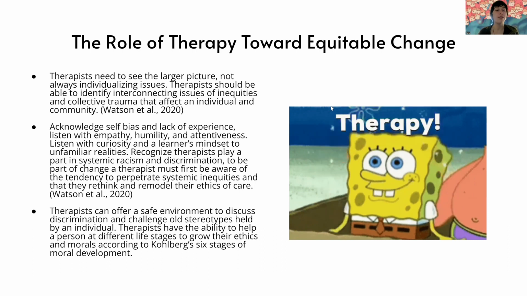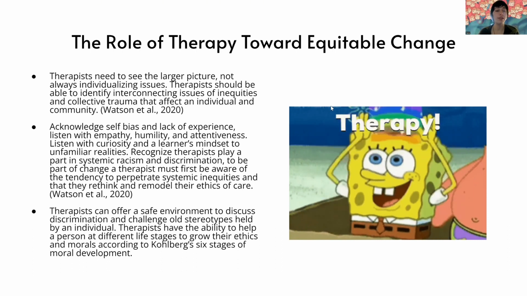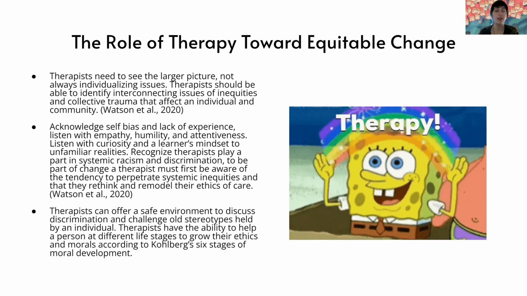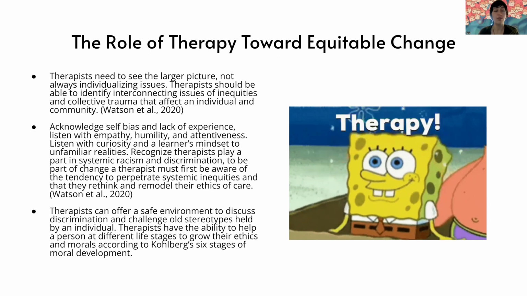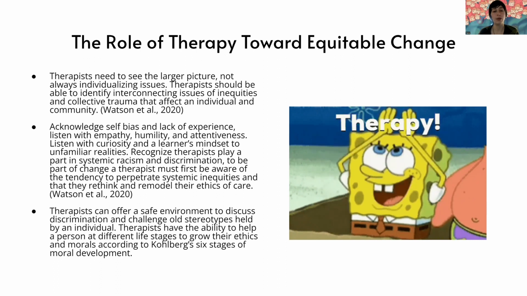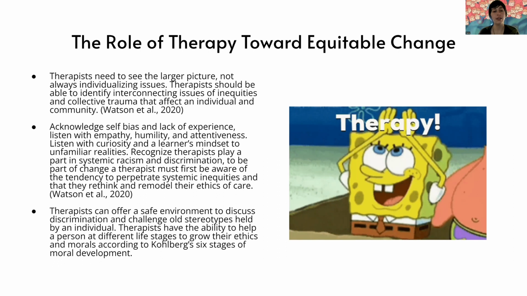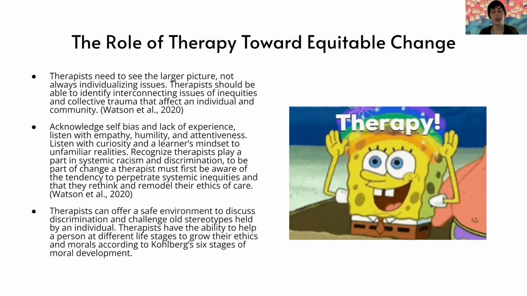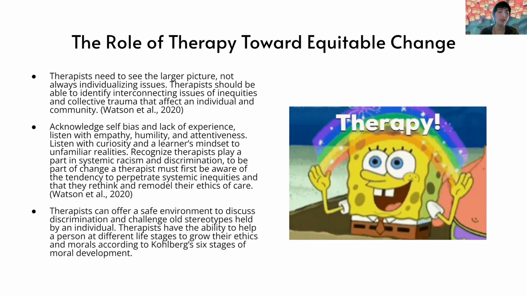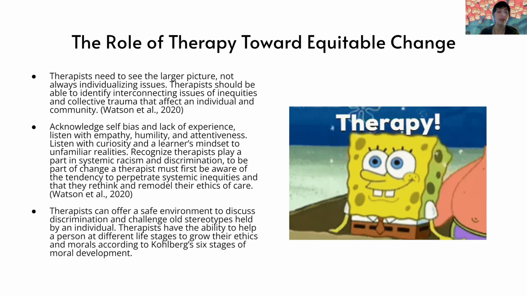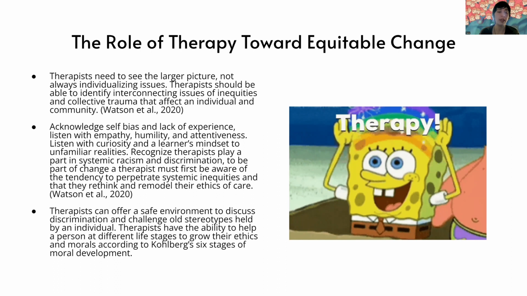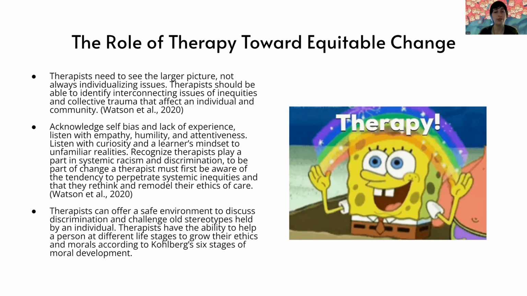Recognize that therapists play a part in systemic racism and discrimination. To be part of change, a therapist must first be aware of the tendency to perpetrate systemic inequities and then rethink and remodel their ethics of care. Therapists can offer a safe environment to discuss discrimination and challenge old stereotypes held by an individual, which is how we impact equitable change.